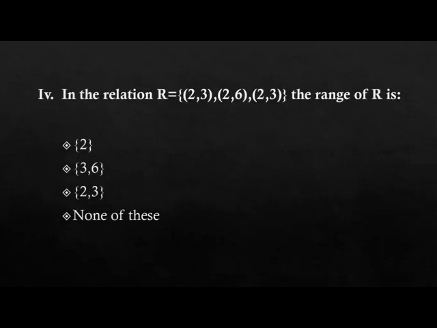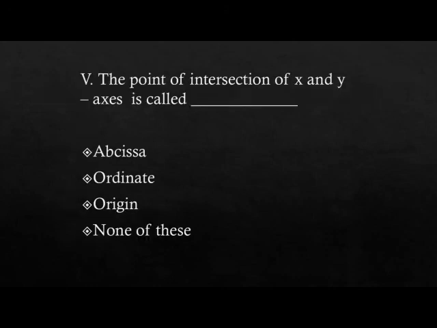The fourth is the relation R, which is equal to 2, 3, 2, 6, 2, 4, 2, 3. You have to find the range of R. You can't repeat the elements, so be aware of it. The point of intersection of the x and y axes is called dash. I have told you in the Cartesian coordinate plane: is it called abscissa, ordinate, origin, or none of these?